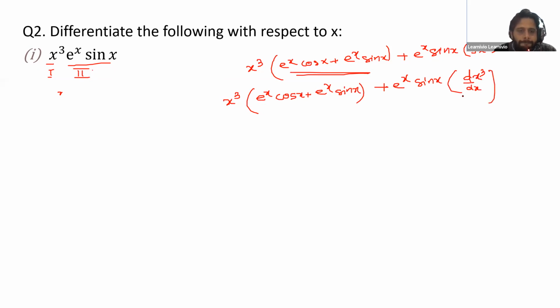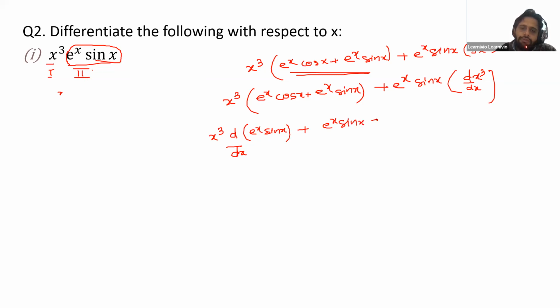Okay. So, sir, we should use the product rule 2 times, right? 2 times because there are 3 functions. So treat this as a single function first of all. Then I will show you how it can be done. x cube remains as it is. We will differentiate this one, e to the power x sin x. Then e to the power x sin x remains as it is.